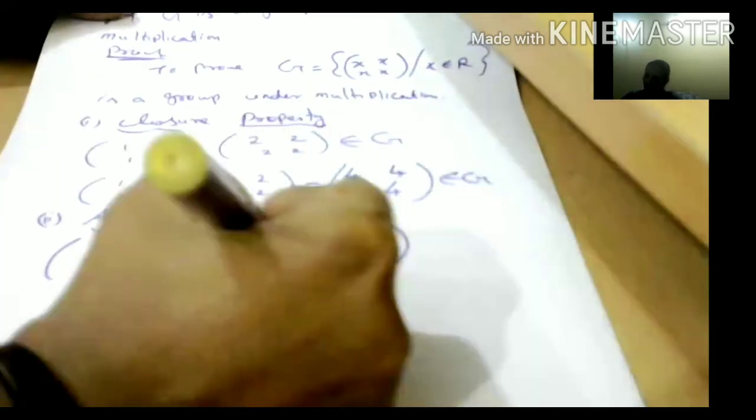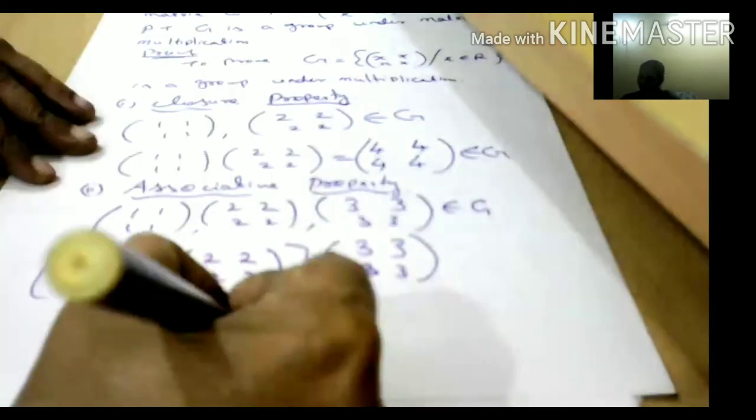You can take anything belonging to capital G. Find out the left side: the product of the first two is 4, 4, 4, 4.